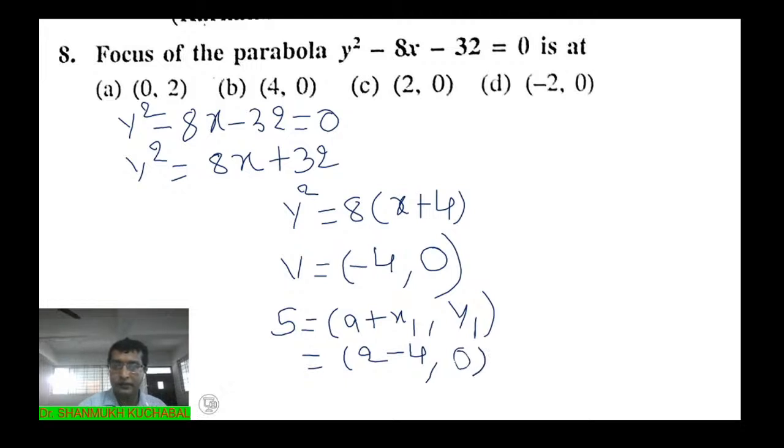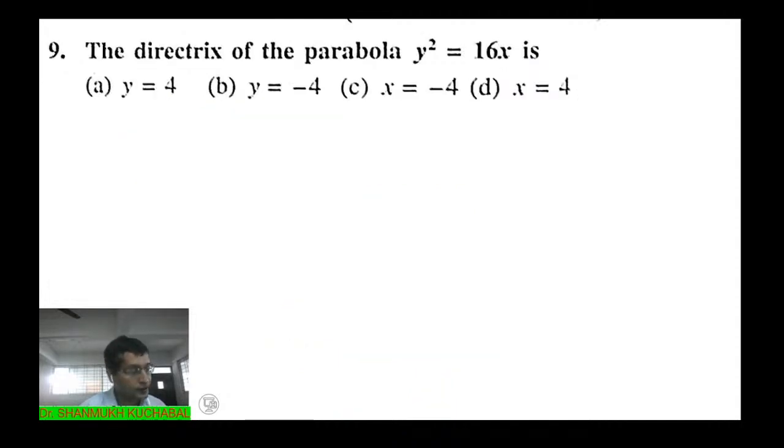So these values we have to combine, so on simplification, 2 minus 4, that is minus 2 comma 0. Therefore the correct option is option D, minus 2 comma 0 is the right answer.